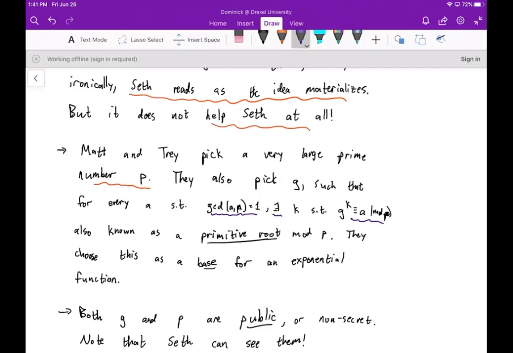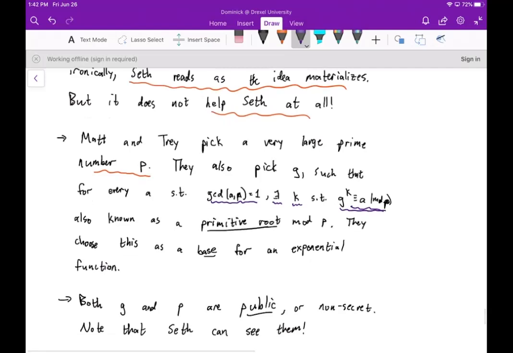So a lot is going on here, but what's essentially happening is that we're picking a G such that for the prime that they chose and any other number that is relatively prime to it, there exists some K such that G to the K is congruent to A mod P. And of course, this is also known as a primitive root mod P.